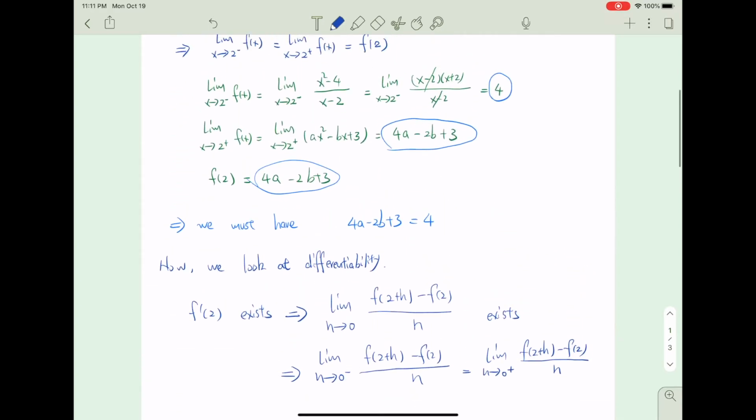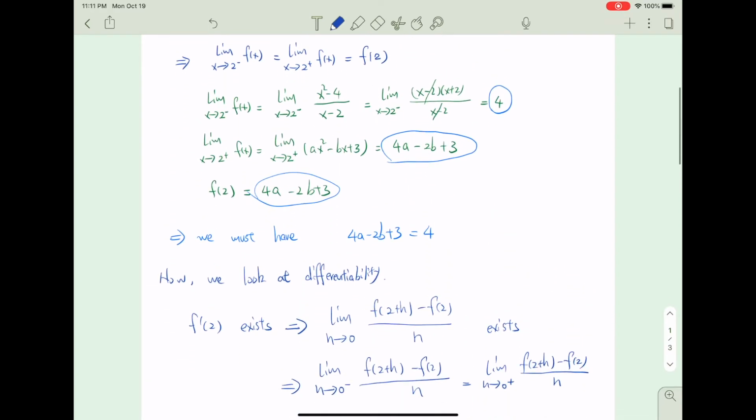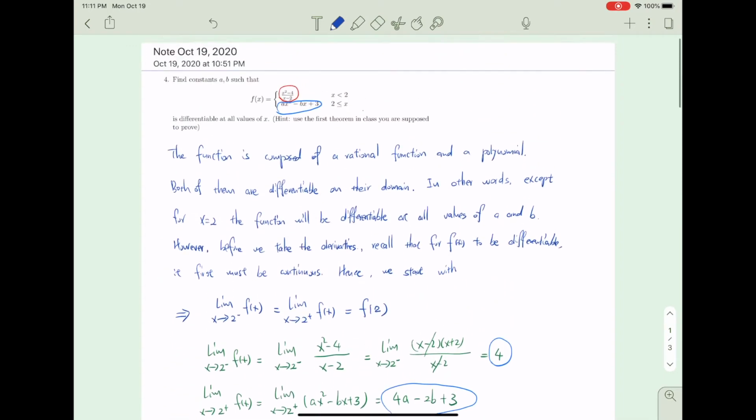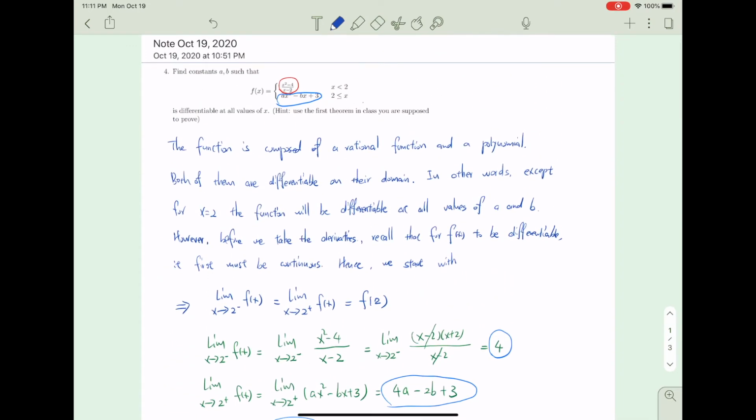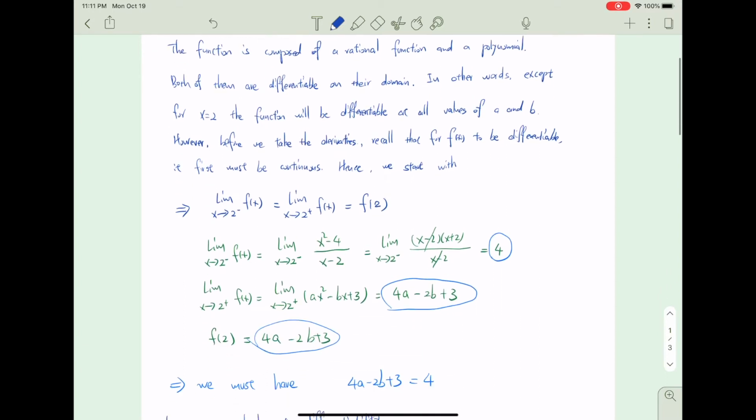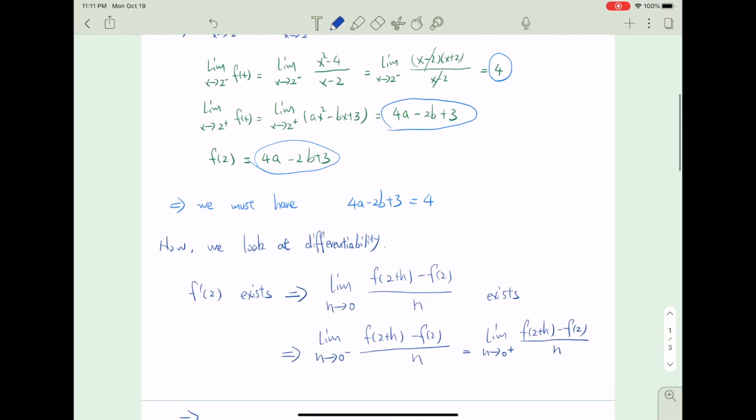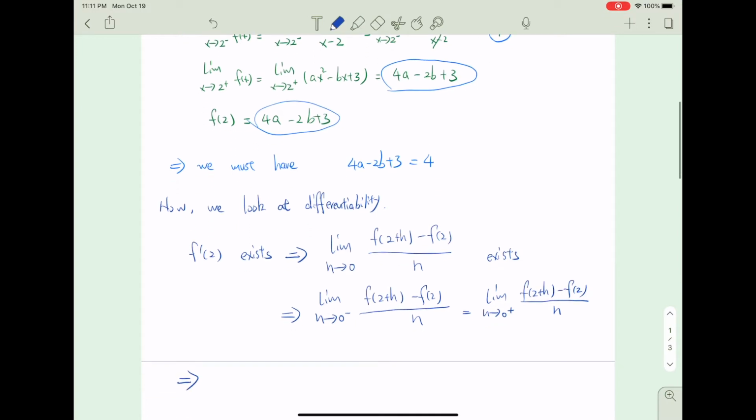When it's less than 2, for this f we should be using the rational function for the left limit. For the right limit, since h is approaching 0 plus, h is a positive number, and 2 plus h is greater than 2. Once the input is greater than 2, according to the expression, we should be using the polynomial function.